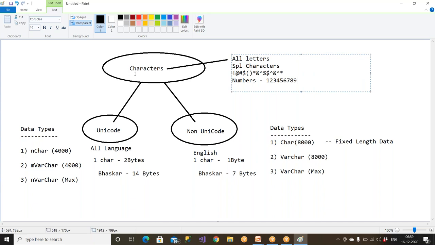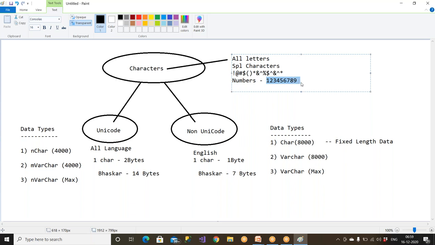Remember this. All letters of English, Chinese, whatever you have, all languages will be taken as characters only. Special characters and space are also treated as characters only. Even the numbers are treated as characters only.